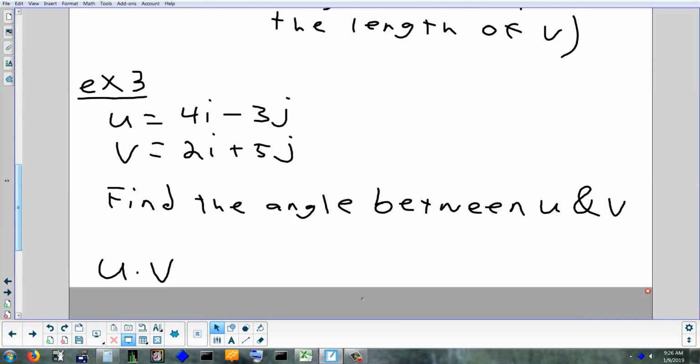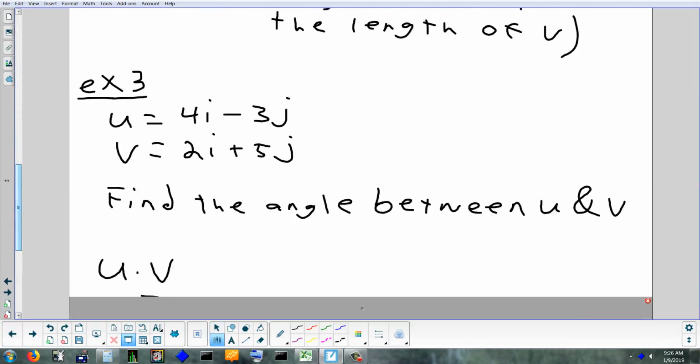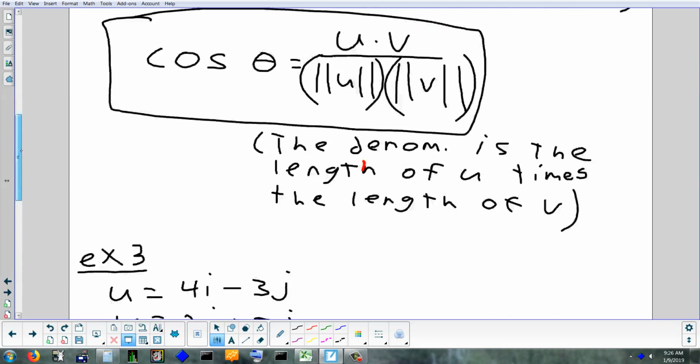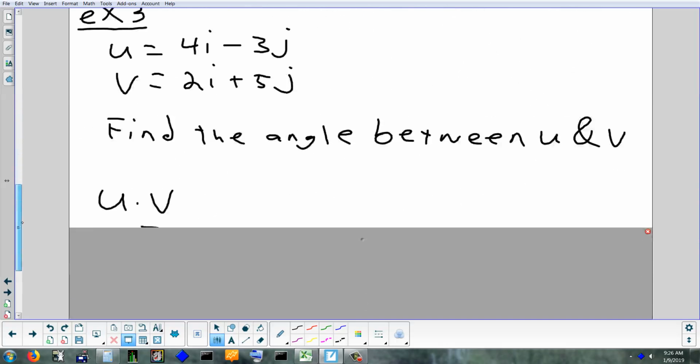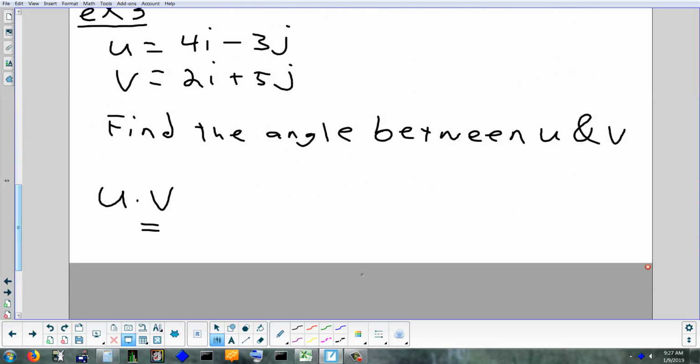Let's figure it out. So let's find the angle between u and v. First thing I need is the numerator. That's my dot product. What's going to be the calculation for my dot product?